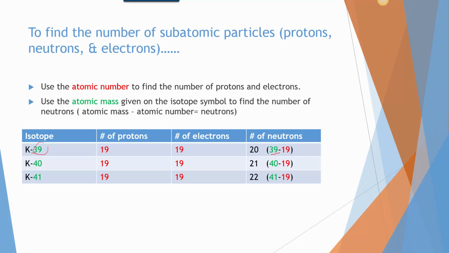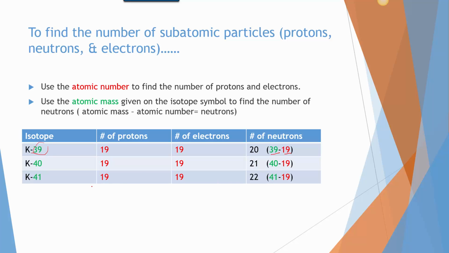So for potassium-39, the atomic mass of 39 for the isotope minus the atomic number, or the number of protons, gets you the 20. So potassium-40 has a mass of 40 minus the atomic number, the number of protons, and you get 21.